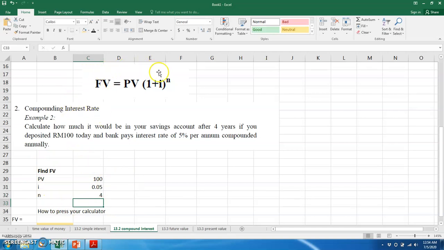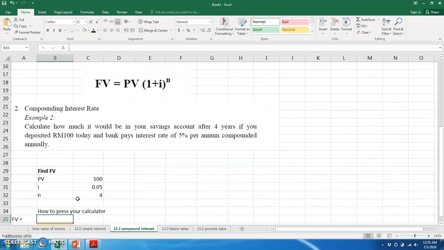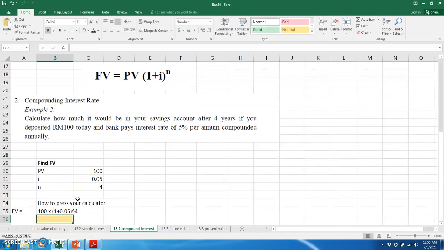By using this formula, how do you press your calculator? Easy. Number one, you know that we need to find the future value, am I right? Present value is 100. Then you multiply by the bracket 1 plus 0.05, and then to the power of n, to the power of 4.